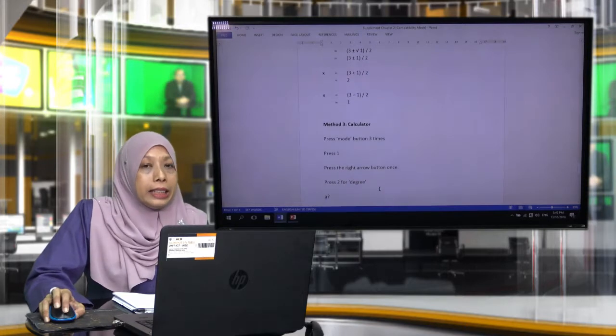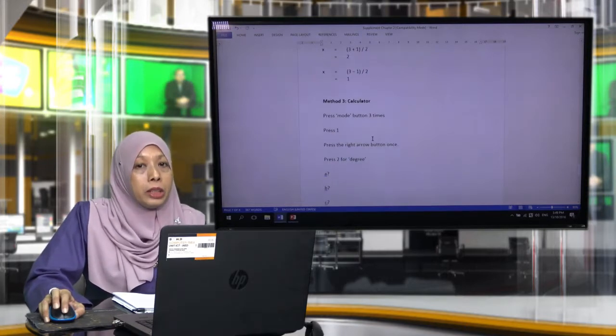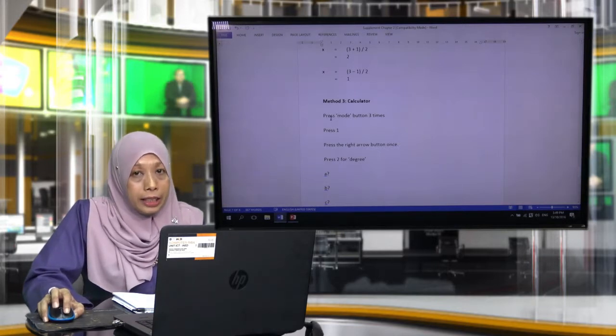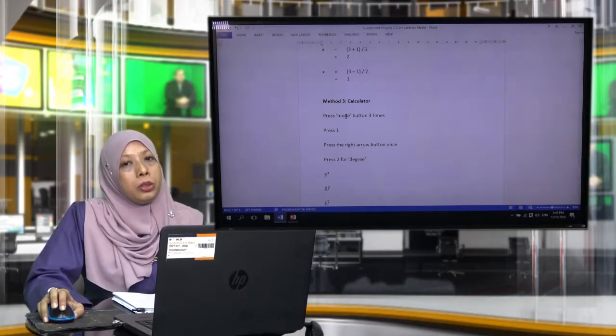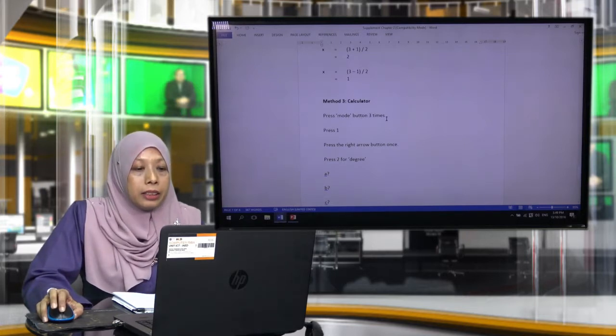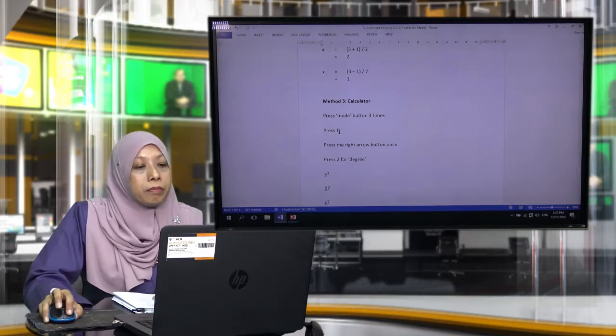Now the easiest method, and the method which I recommend you to use, would be by using a calculator. All you need is a scientific calculator, and you just follow these steps.